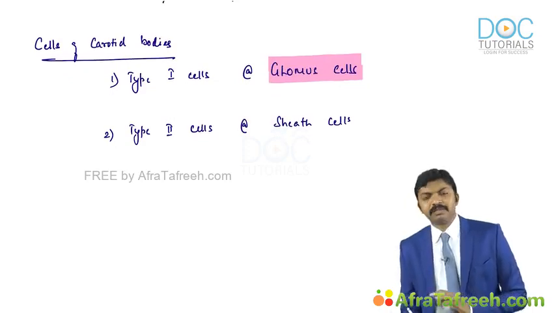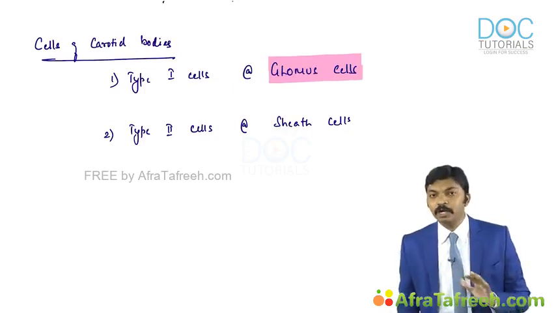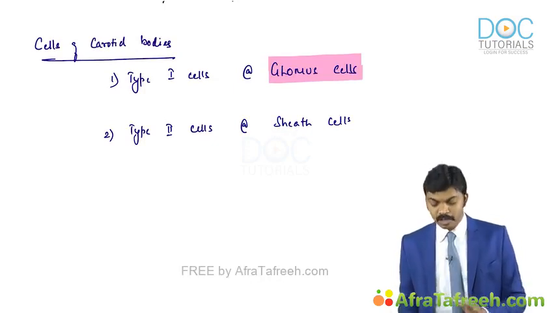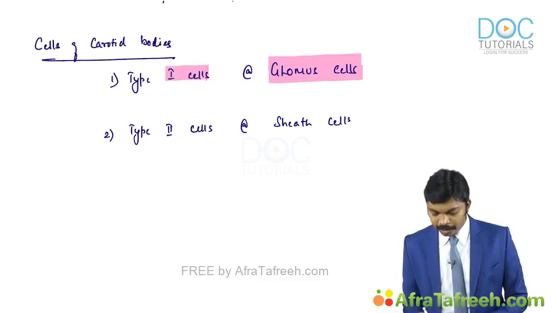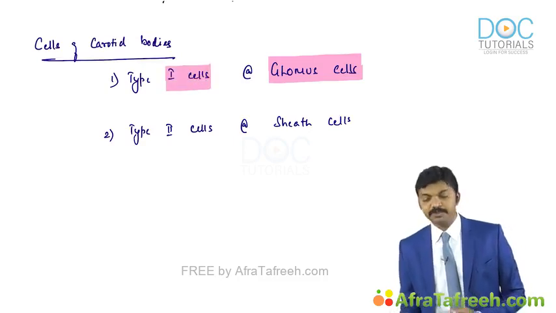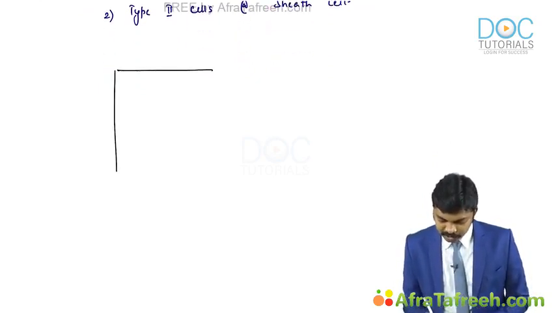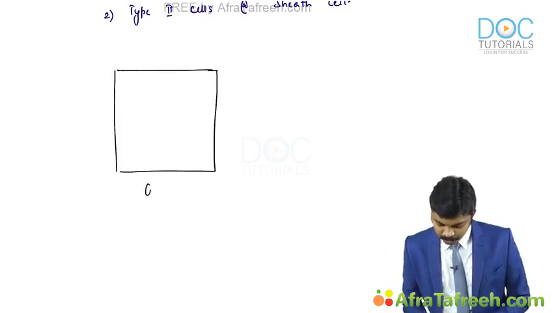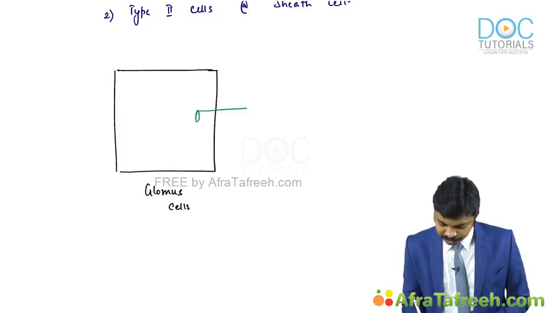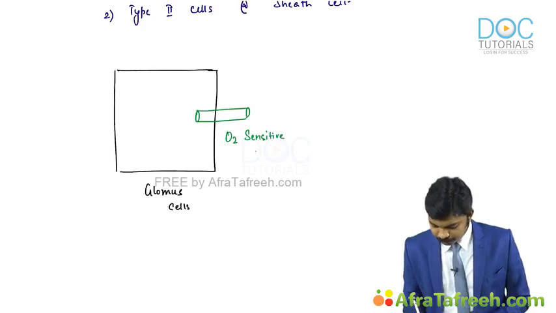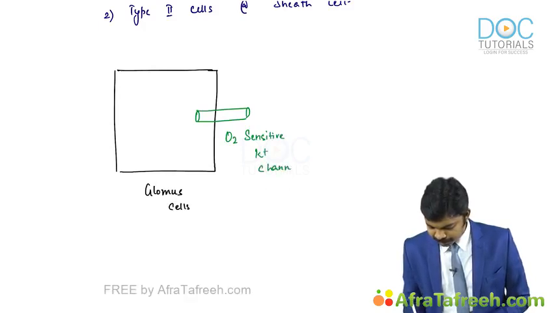You don't have to worry a bit about type 2 cells because they are not innervated. They do not play any role in chemoreception. So, all our focus is going to be on type 1 chemoreceptor cells, doctors, which are glomus cells. Now, these type 1 cells have an oxygen sensitive potassium channel on their membrane.